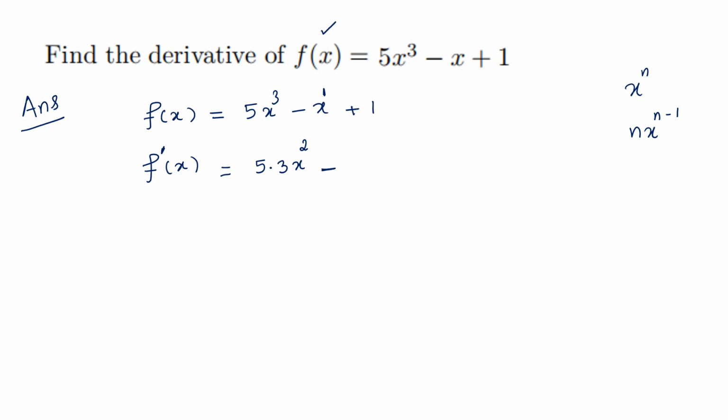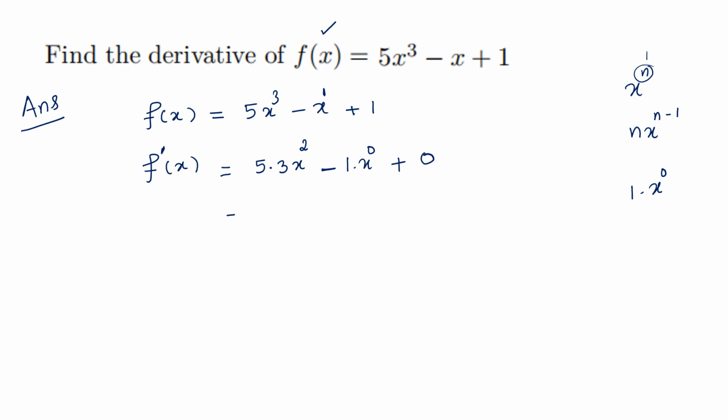Then minus, here minus available, so minus x power 1 derivative. So n, in place of n we have 1. So x power 1 derivative is 1 times x power 1 minus 1. So I can write 1 times x power 1 minus 1 is 0. Then 1 is the number, constant derivative, first formula, it is 0.